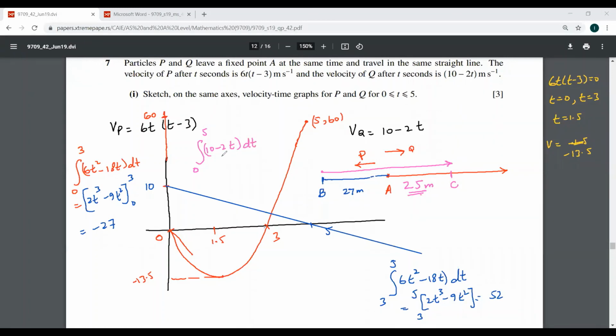Now this should be equal to 25 if they are meeting when the time is 5. So this is going to be 10t minus t square, limit from 0 to 5, and that is equal to 25 meters. So this has been verified that both the particles meet when the time is 5 seconds.